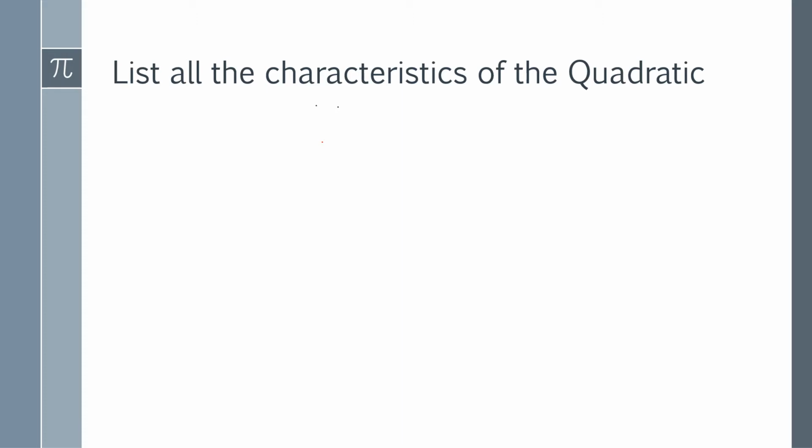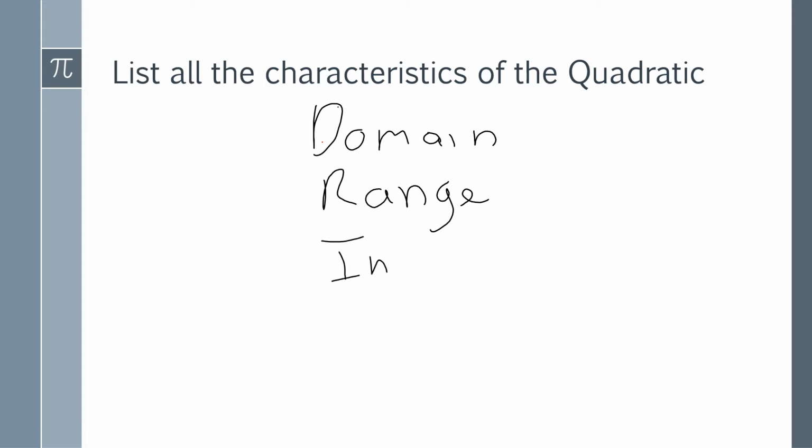Sorry y'all, having trouble with my pen. Domain. What else do we know? Range. What else do we know? The intercepts, X and Y. And what else did I call them?